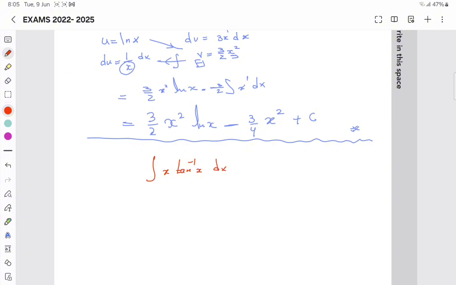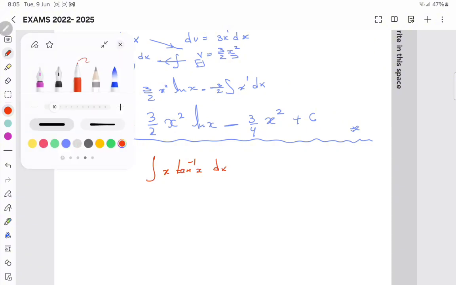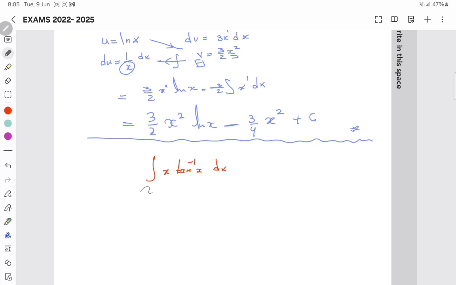But here, which one is u? What is u here? x or tan inverse? And what is dv? If you got the integral of x times sine x, or x times cosine x, or x squared times sine x, or x squared times cosine x, or x times tan inverse, or x squared times tan inverse, all of this is parts.